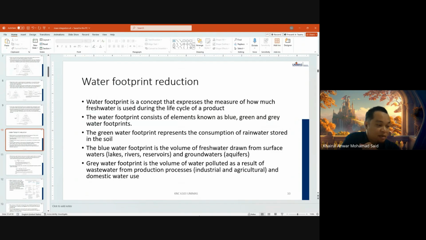To make this complex metric practical, water footprints are classified into a spectrum of three different colors: green, blue, and gray.